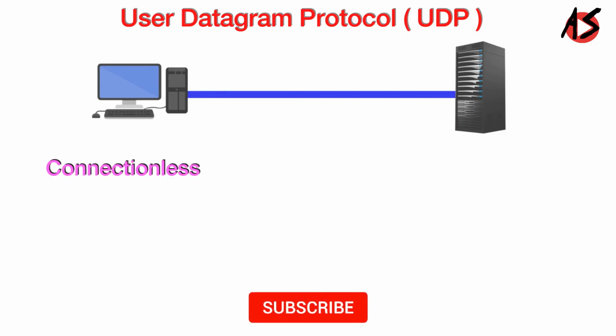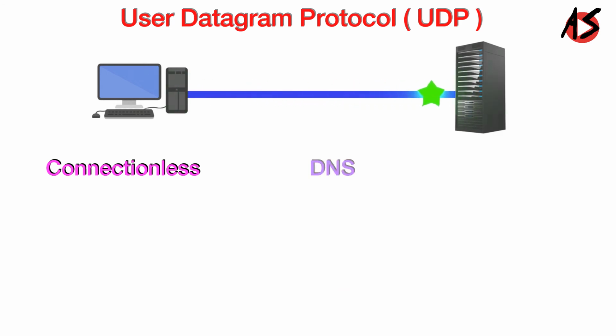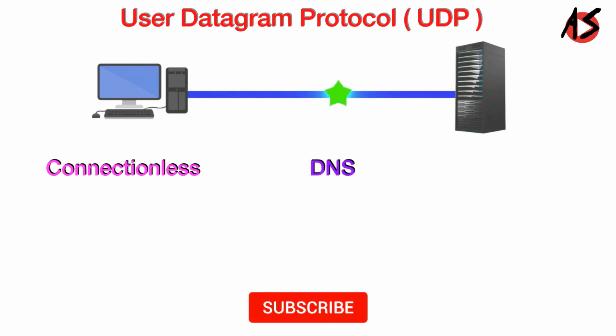UDP is a connectionless protocol, so each packet is independent from other packets sent by the same application. Therefore, UDP is suitable for services like DNS, in which client and server exchange only one message in each direction.